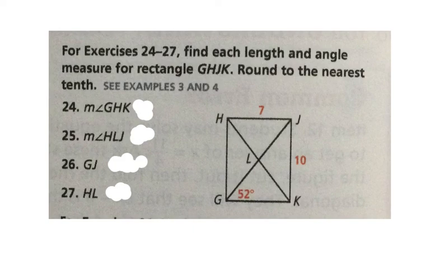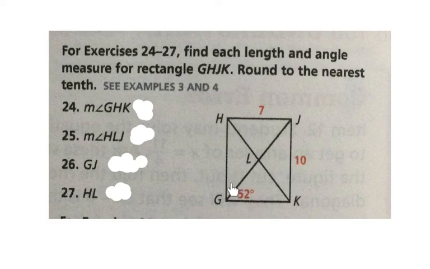So the first thing you'd ask, what's the measure of angle GHK? So that would be this angle here. All right. Well, we know that this big angle G has to be 90.